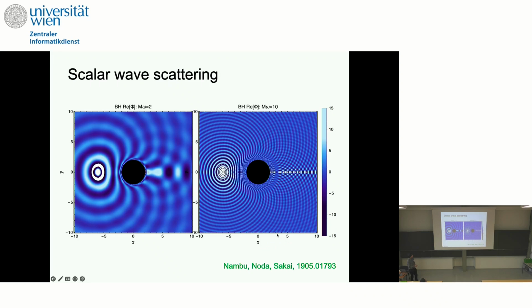This is one of this number and collaborators' papers, where they investigate scalar wave propagation assuming the existence of a black hole lens. The left-hand side is the longer wavelength case, and the right-hand side is the shorter wavelength case, more like the geometrical optics limit.